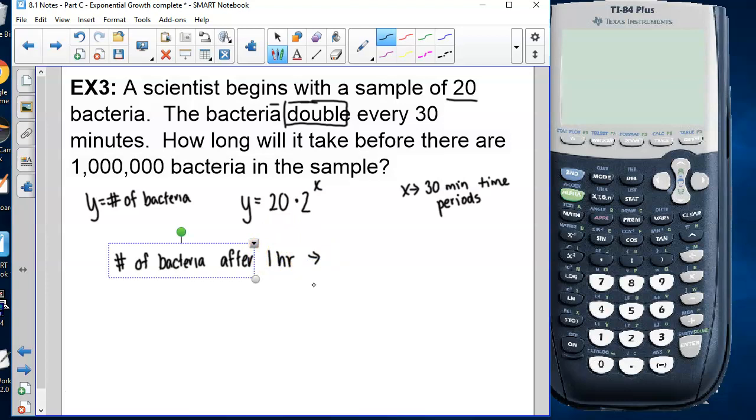No. How many 30-minute time periods are in an hour? 2. Okay? So you would do 20 times 2 to the second power. Be 4 times 20, which would give you 80. Do your exponent first. Yeah.